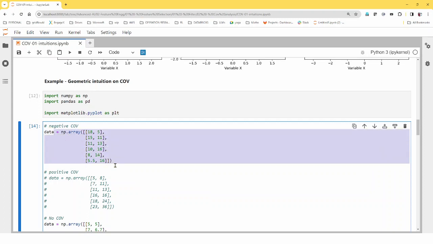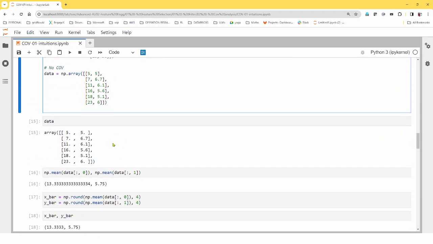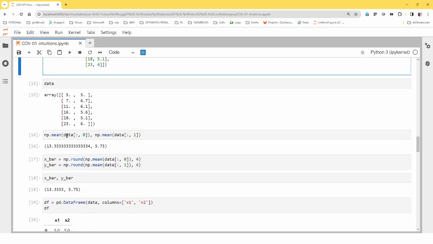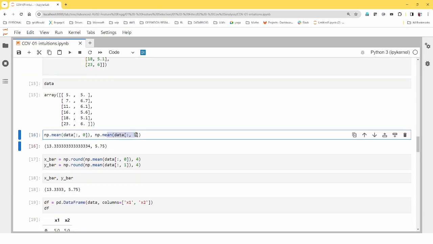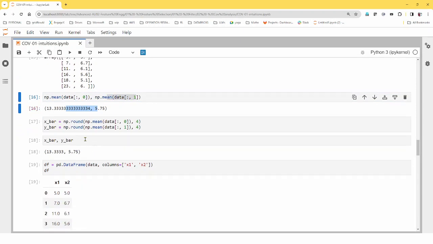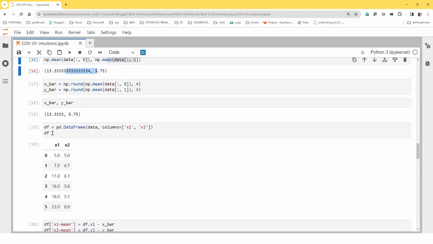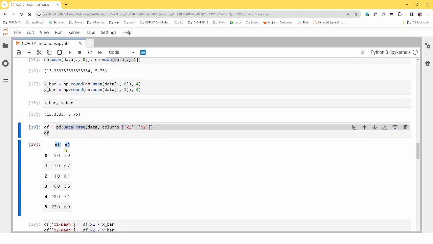Okay, so we're going to simulate some data points which are going to give you a negative covariance. We compute the mean of the first column and the mean of the second column, and these are the means. Then we save the means in a data frame, like columns x1 and x2.